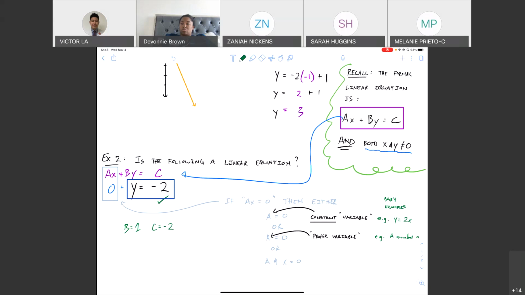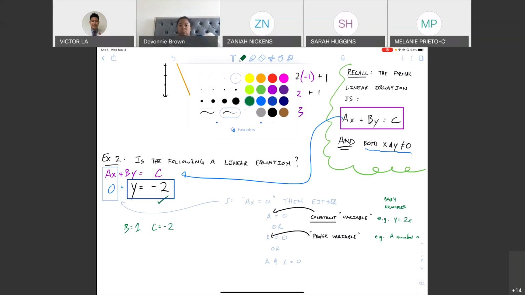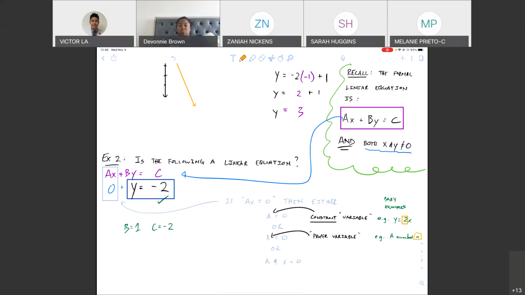You see a number, you don't know what number it is. It could be any number in the world. It's n. They just call it n. It could be 1, it could be 2, it could be 10, it could be 1,000,000, it could be 1,000, it could be 102, it could be -6, it could be whatever number you want. But the point is that it's an actual variable where anything can be plugged in. Whereas the previous example, y equals 2x, the constant variable is that 2. In this little baby example, it's n.